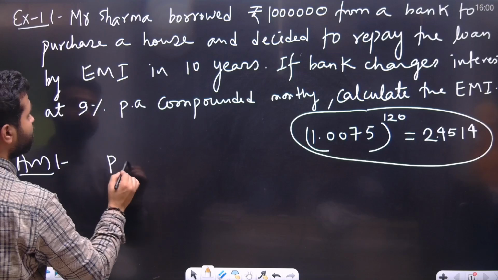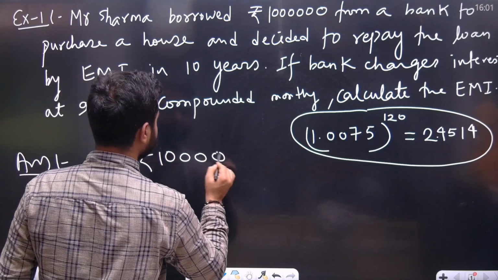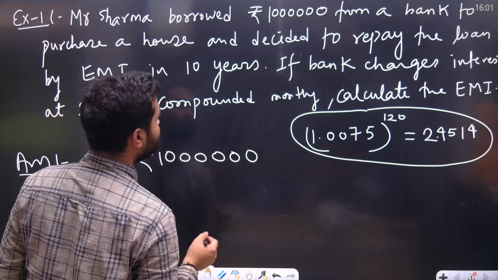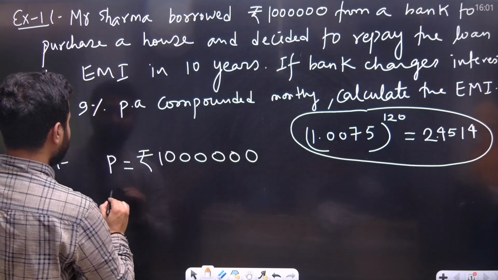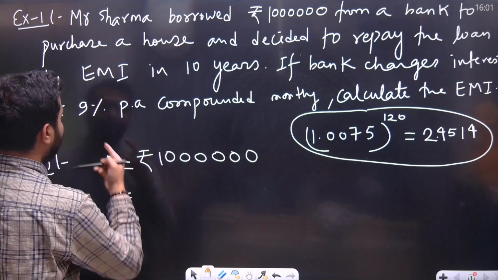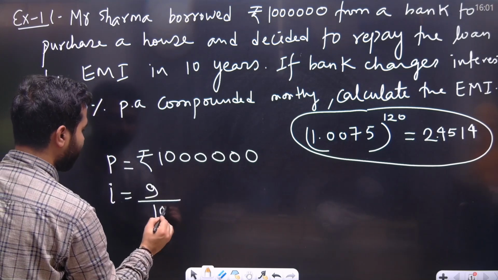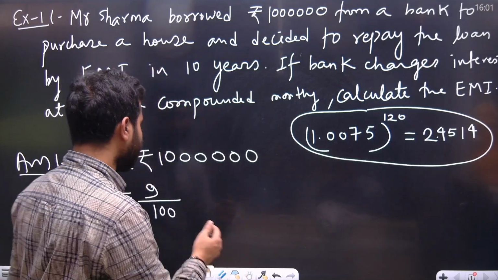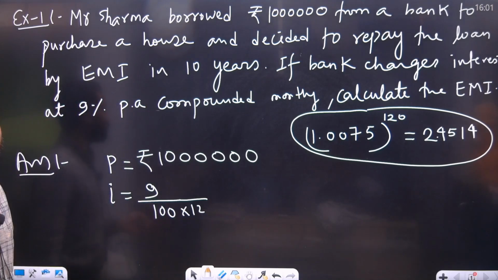The value of P is given, 10 lakh rupees. I is given to you, right, 9% per annum, so it is 9 by 100. Per annum means per year, and in a year there are 12 months, so you have to divide by 12 because I is your interest rate per month.